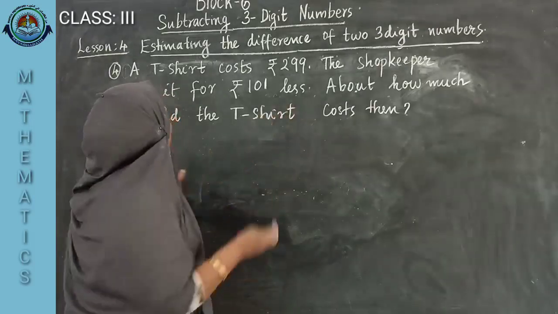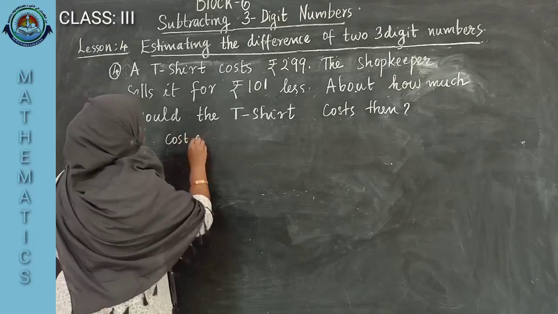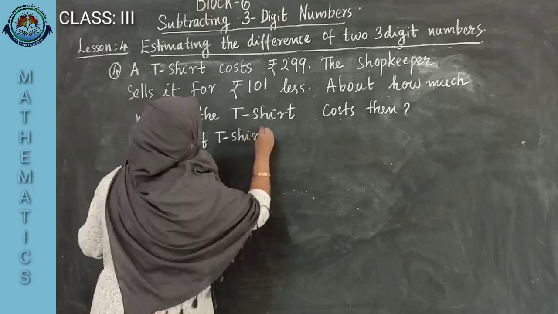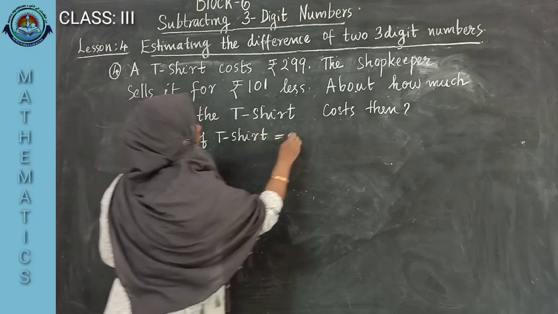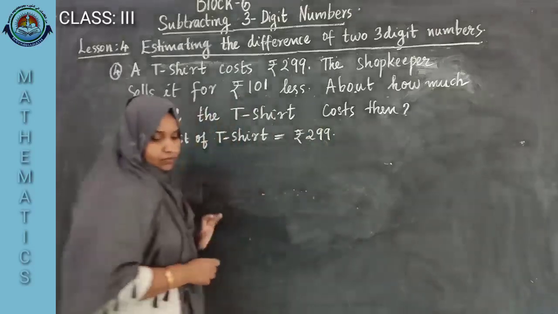Then we can write the steps. Cost of t-shirt is equal to rupees 299.